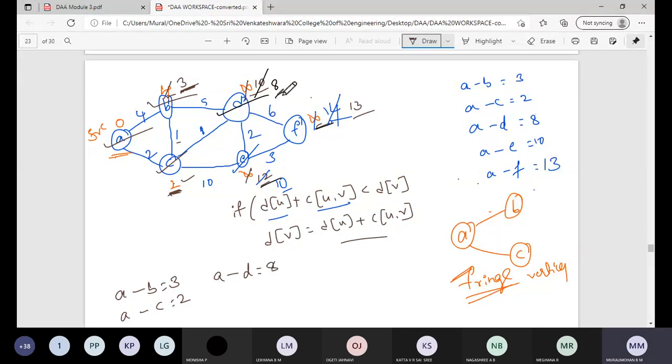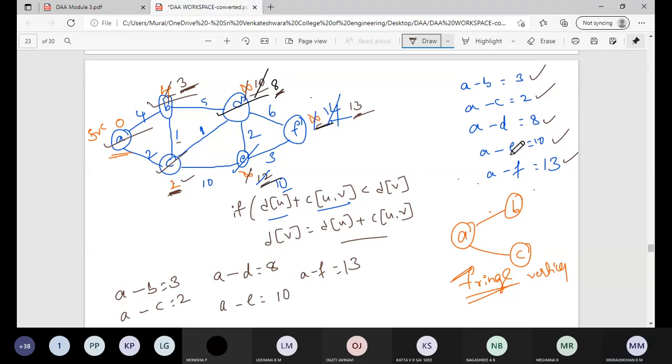So here we got 8. Similarly, A to E, A to E 10, sir. 10. And A to F, it is 13, right? Yes. A to B it is 3, A to C 2, A to D 8, here it is 10 and here it is 13.